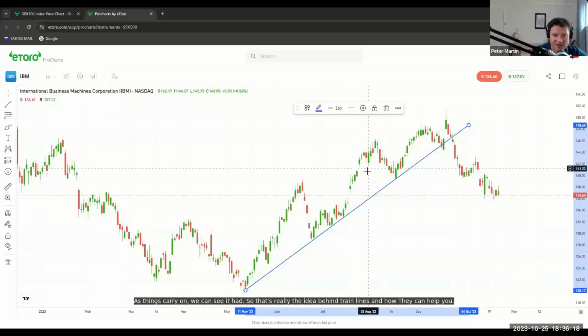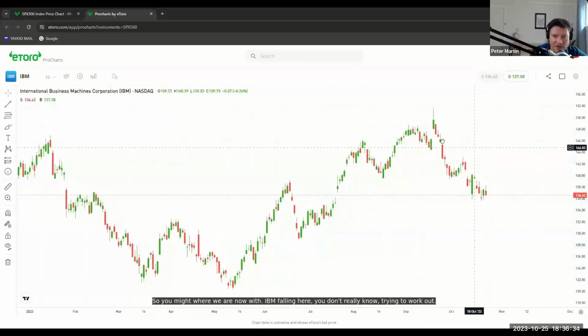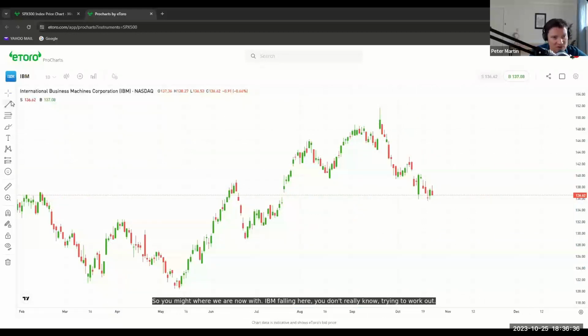So that's really the idea behind trend lines and how they can help you, this idea of extending them, drawing them early to join up the troughs in the case of an uptrend or the peaks in a downtrend. So where we are now with IBM falling here, you don't really know, but we're trying to work out. We haven't got too much data here, but we have got 2 peaks so far.